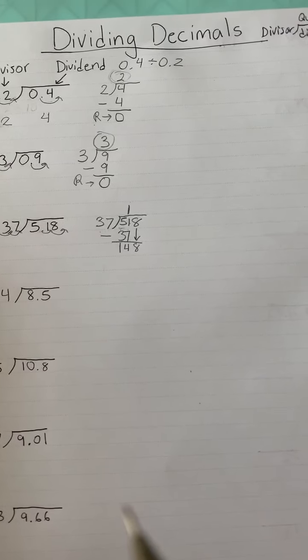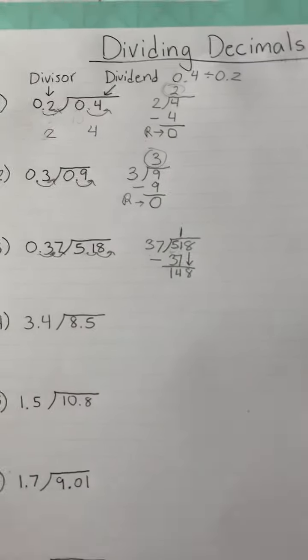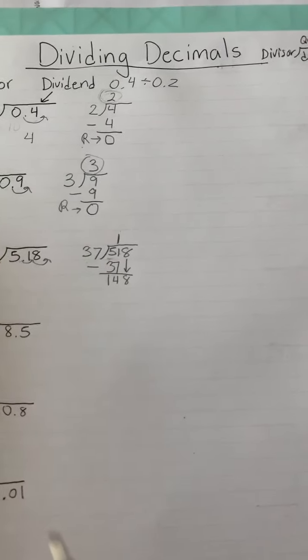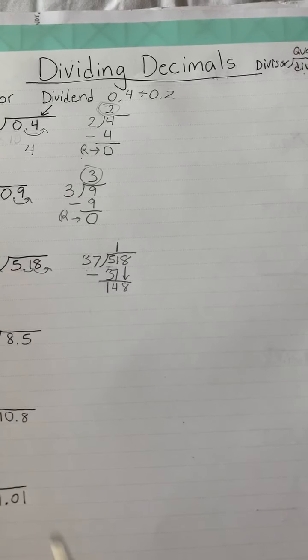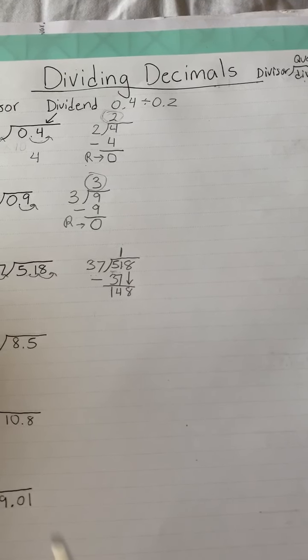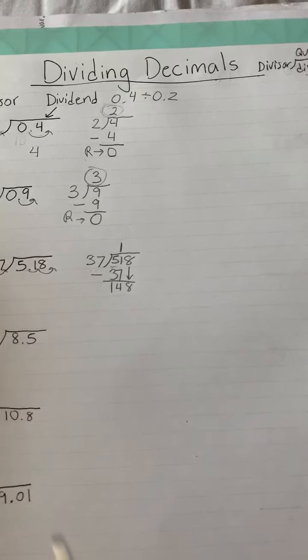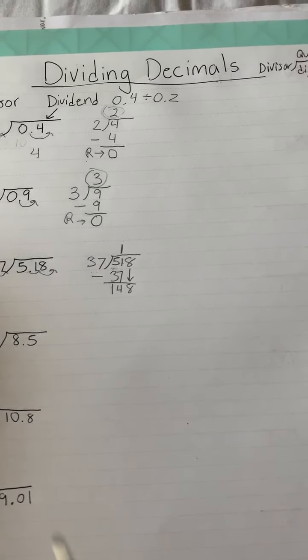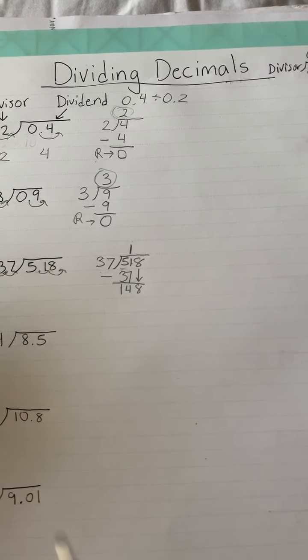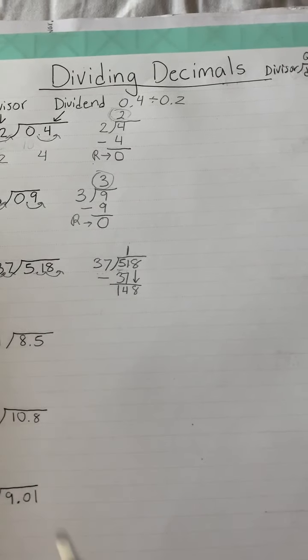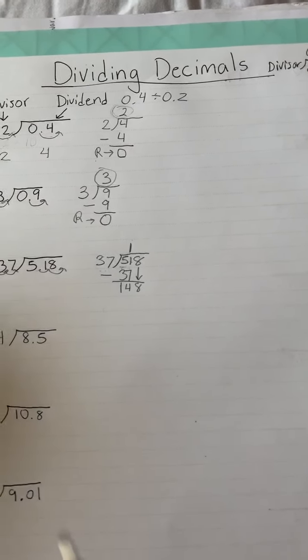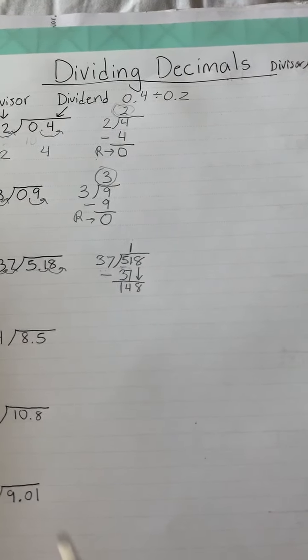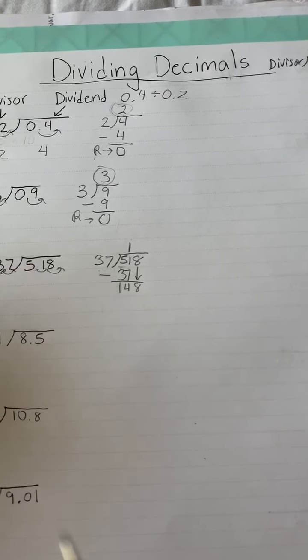So 37 times 2 is 74, plus 37 is 111, plus 37 is 148. So I had to multiply it 4 times.